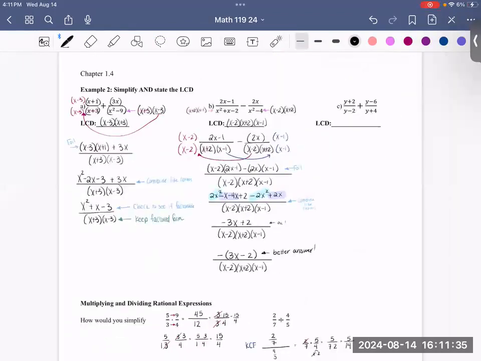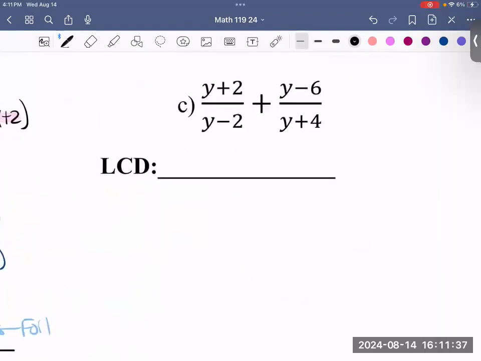All right, let's try it one more time. Now you'll notice that these two actually do not have anything in common, which I think sometimes is the easiest variation of all, because you just get to multiply both of them together since they share nothing.